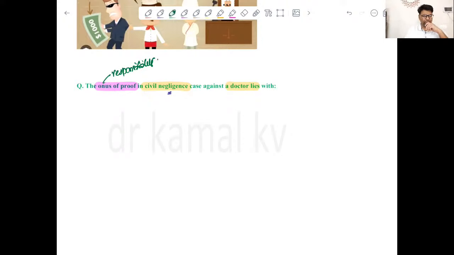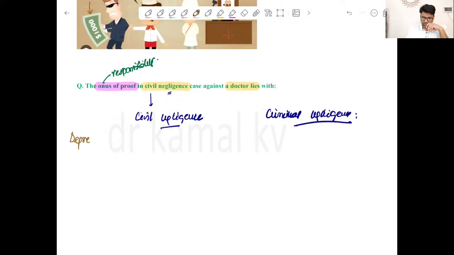So we have to take a few words about these terms so that the whole picture becomes clear to you, right? If we talk about civil negligence, and of course the word is negligence, there has been some shortcoming on the part of the doctor, and here we can write criminal negligence. Clear? Now the very first difference is the degree of carelessness in simpler terms.